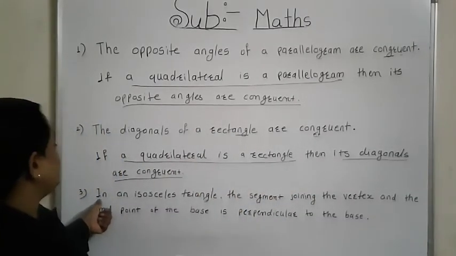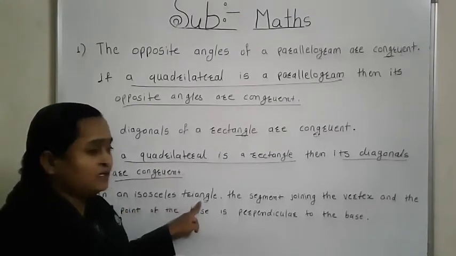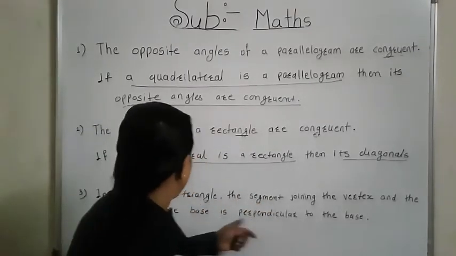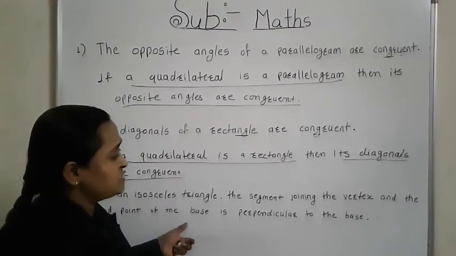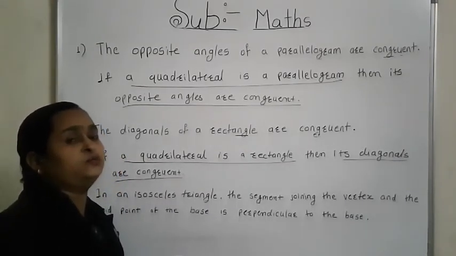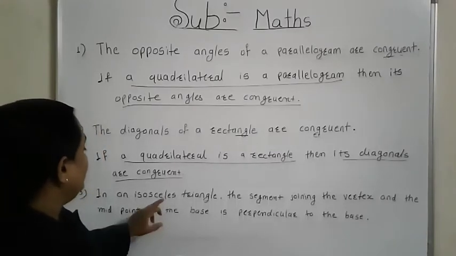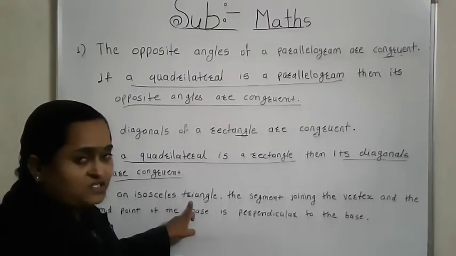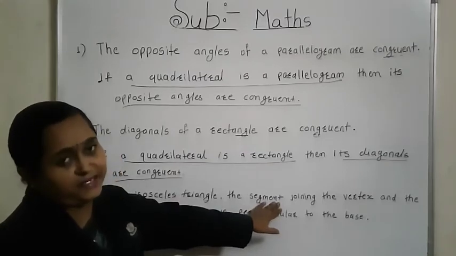Now question number 3 is there. In an isosceles triangle, the segment joining the vertex and the midpoint of the base is perpendicular to the base. Again this statement we have to write down in if-then form. Now in first part we will write about isosceles triangle and this will be the second part.